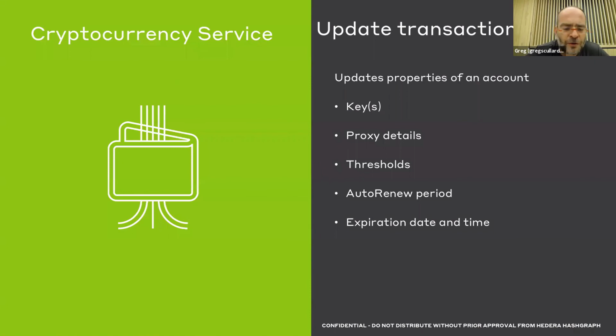If you decide you no longer like this particular node, you can proxy to another. You may decide you're generating far too many records for the thresholds, or that you want your account to renew every month instead of every 6 months, or that you want it to expire in 10 years from now as opposed to 2. So all of those can be updated with an update transaction.